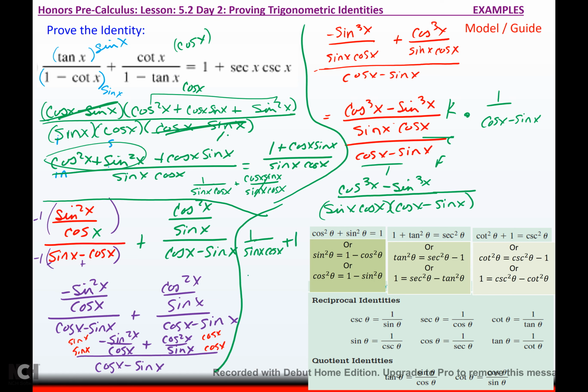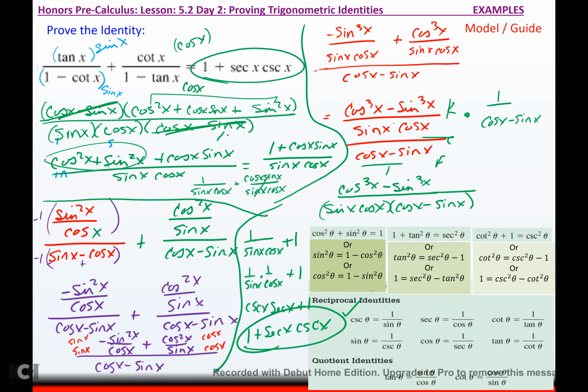Okay, this is 1 over sine times 1 over cosine plus 1. That 1 over sine is cosecant x, 1 over cosine is secant x, plus 1. And I can write that in any order I want, so it's the same thing as 1 plus secant x times cosecant x. That's the other side, and I finally win.